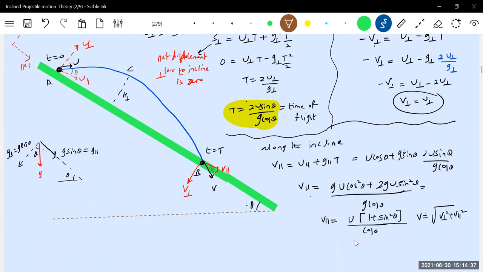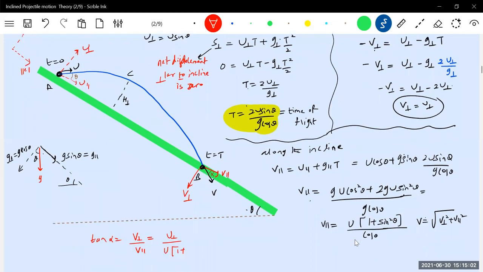From the data, tan alpha should be equal to V perpendicular by V parallel. V perpendicular is nothing but U perpendicular, divided by V parallel. V parallel is U. Let me substitute all. V perpendicular is U perpendicular. How much is it? U perpendicular is U sin theta.